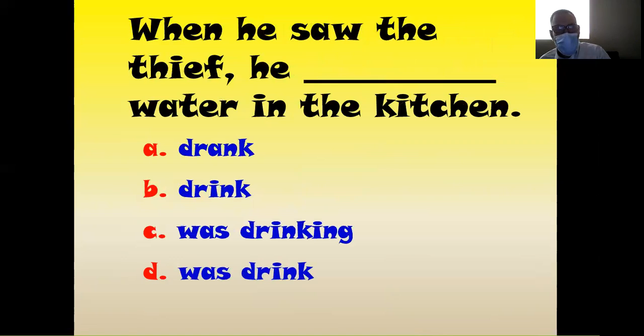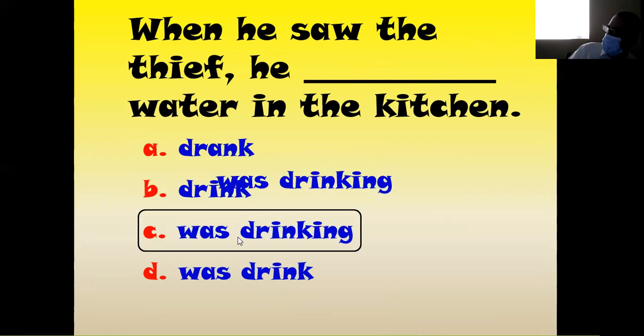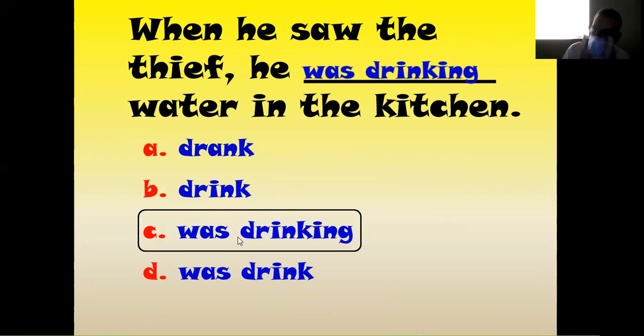When he saw the thief, he water in the kitchen. He was drinking water. He was in the kitchen, he was drinking water, he was continuing drinking water. Then he saw the thief. Okay.